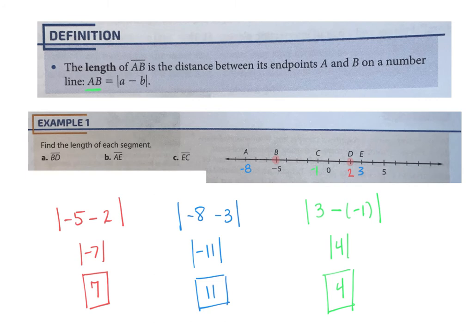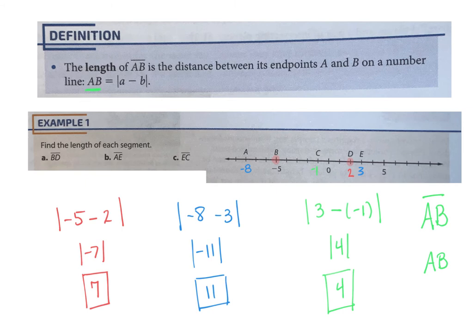So if I have something that looks like this, AB, I am actually talking about the physical line segment AB, okay? I'll say AB is congruent to something else or whatever. If I'm talking about the length of AB, then I will just list the AB without the line segment above it. That means the measurement of line segment AB.